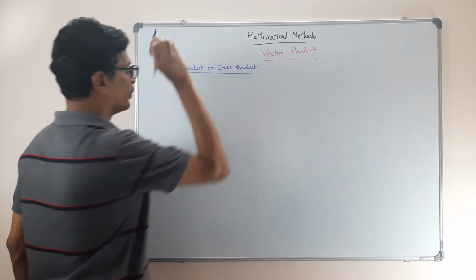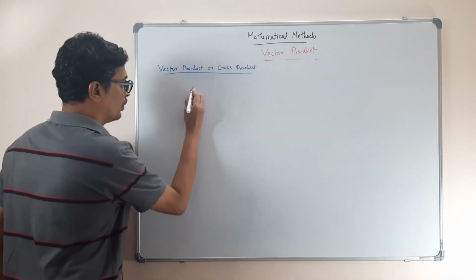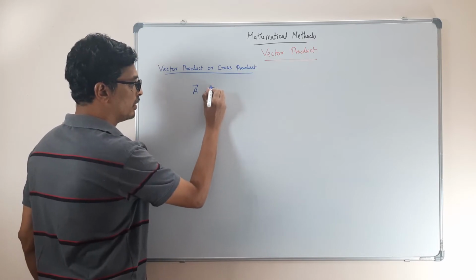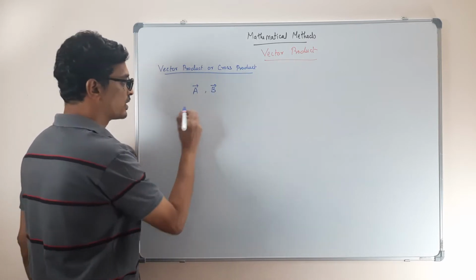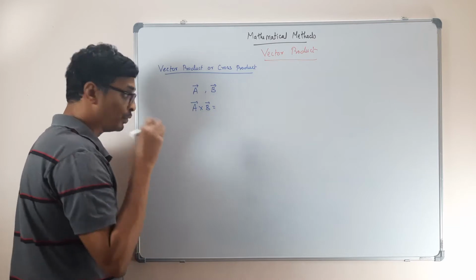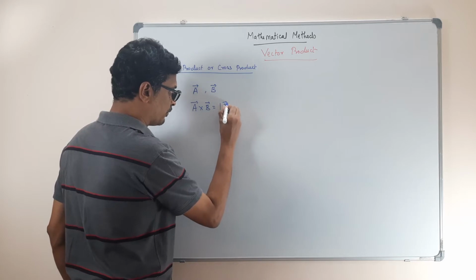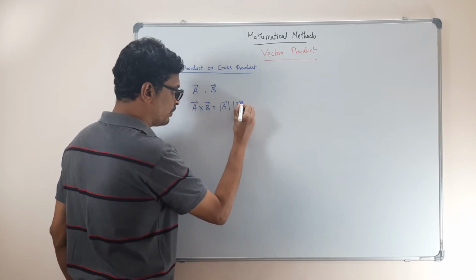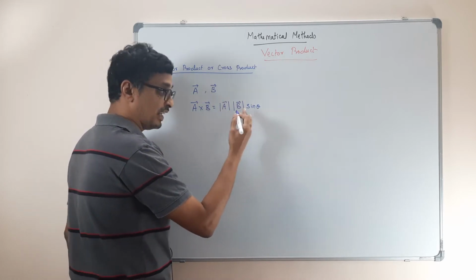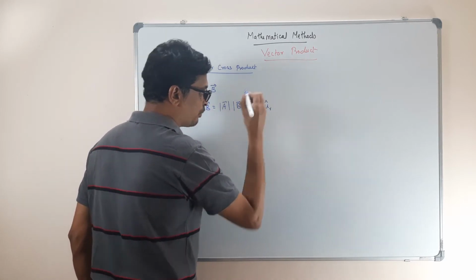What it says is, if you have a vector A and another vector B, the cross product A vector cross B vector will be equal to magnitude of A into magnitude of B into sine theta, where theta is the angle between the two vectors, and this is finally a vector. I will call that some unit vector direction, UR cap.